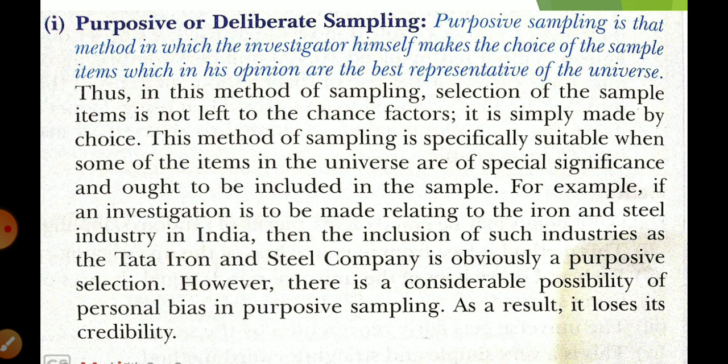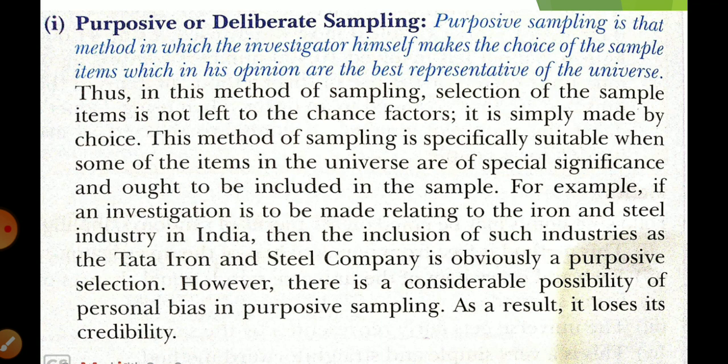Just now I had given you an example: suppose your games teacher has been given the responsibility to select 11 students as cricketers. Obviously he is not going to use random sampling. Why? Because if he gives a chance to every boy, maybe some who are not good in cricket are selected. He conducts many games, so he knows who is good in which game.